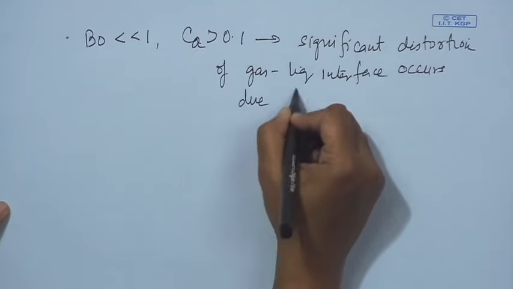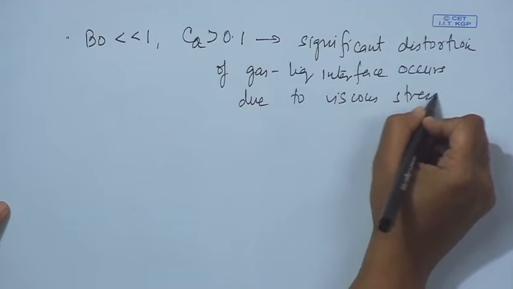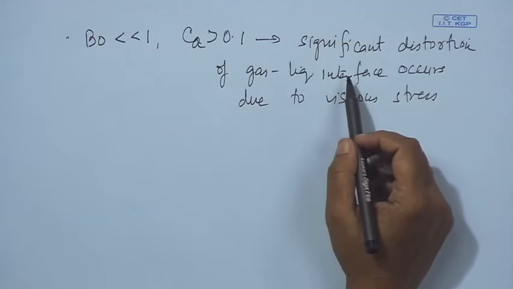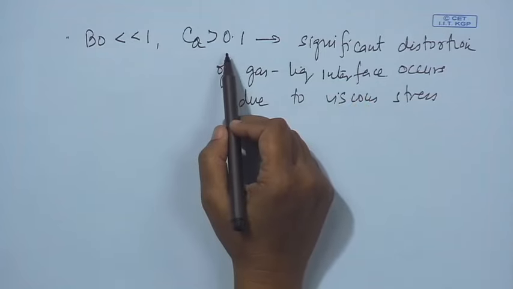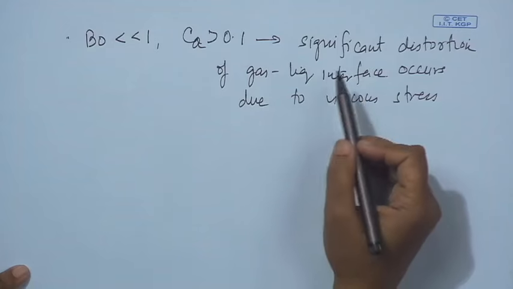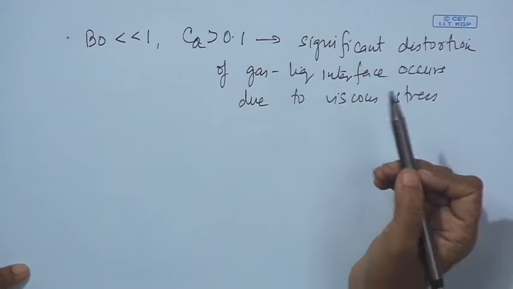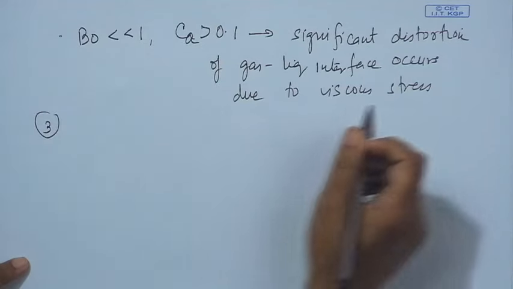Why? Due to viscous stresses, isn't it? So, for low Bond number systems, if the capillary number is much greater than 0.1, that shows that viscous effects are much more important, and so it is quite natural that sufficient distortion of the gas-liquid interface occurs. Now, this was by balancing capillarity and viscous forces.